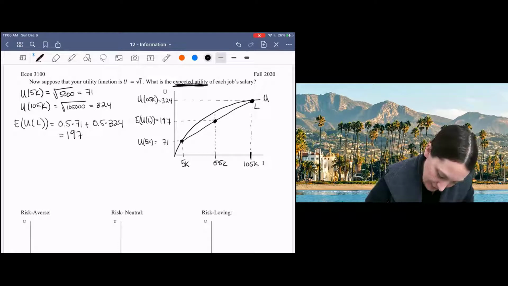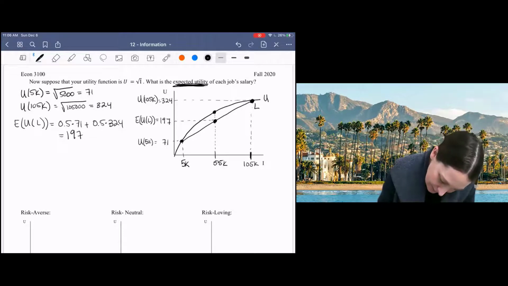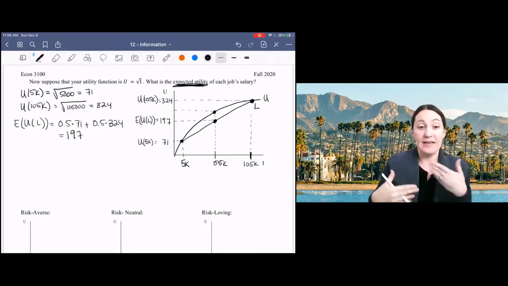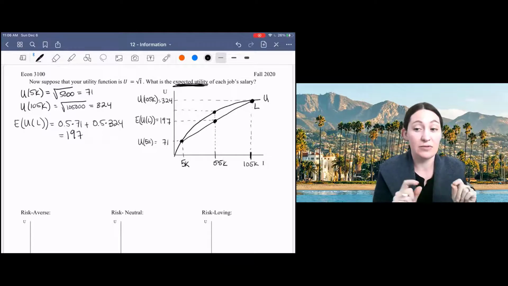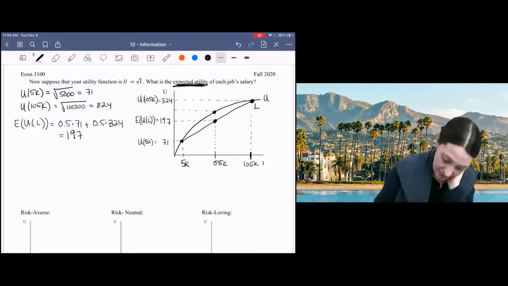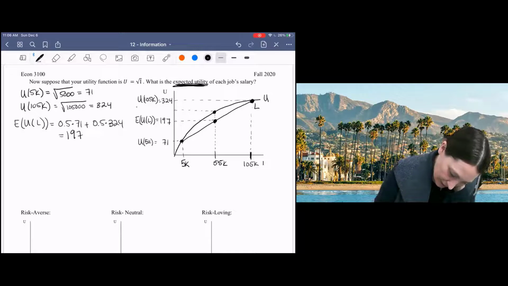And you can see that that's different from the utility of the expected value. The expected utility is different from the utility of the expected value. The utility of the expected value would be the utility from 55,000 with certainty, right?